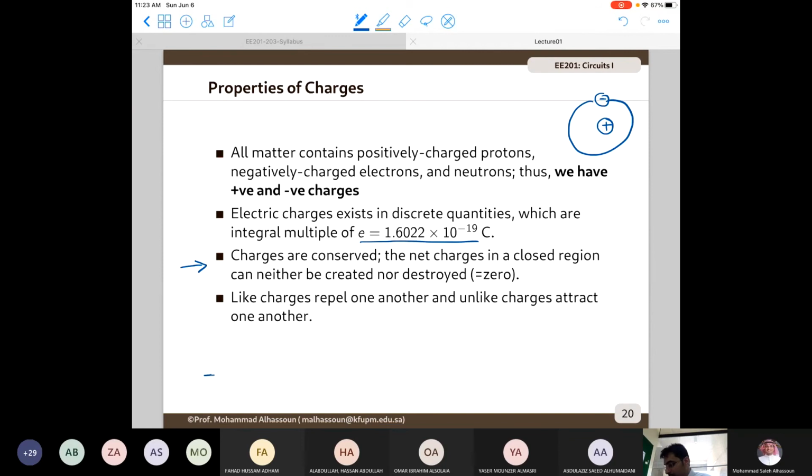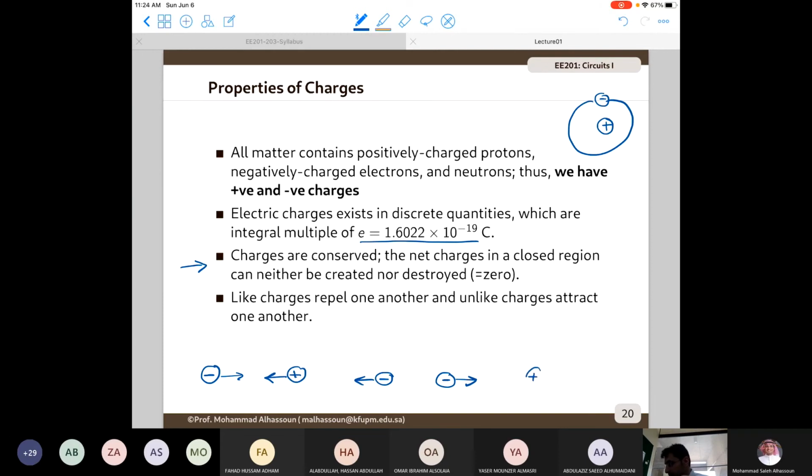And this is something that we are all familiar with. When we have like charges, they will repel one another. When we have unlike charges, they will attract one another. So if you have a positive charge and a negative charge, they will attract one another. If we have a negative charge and a negative charge, they will repel each other.